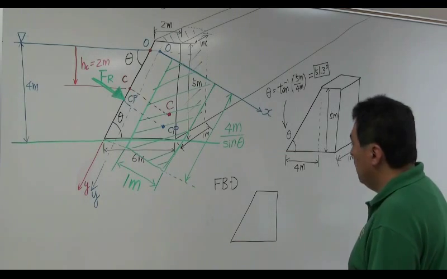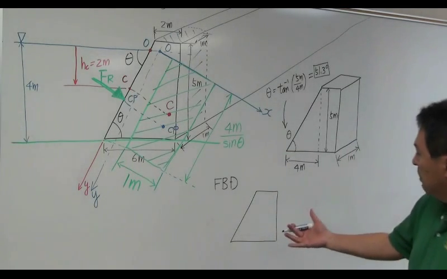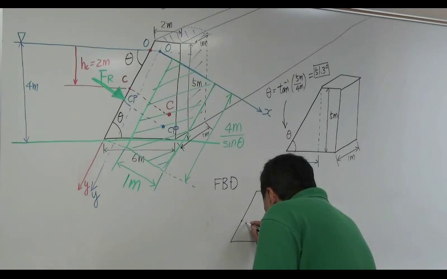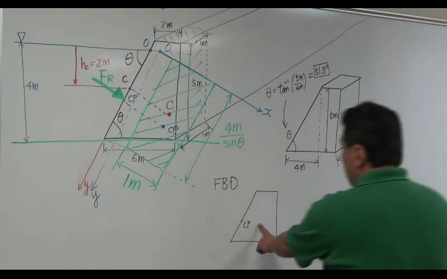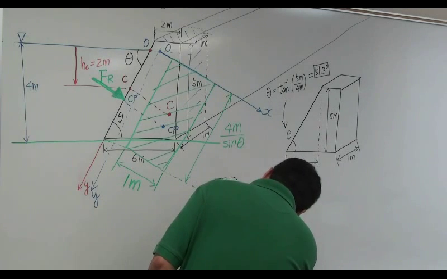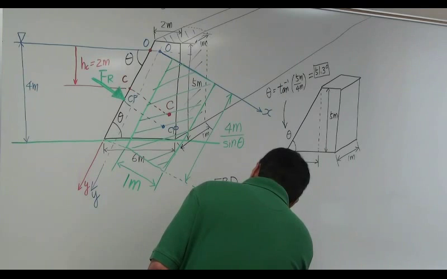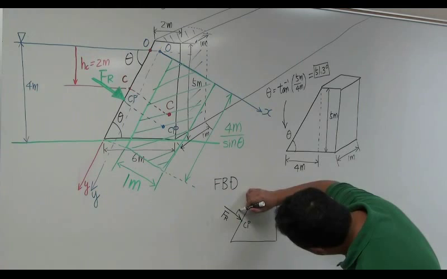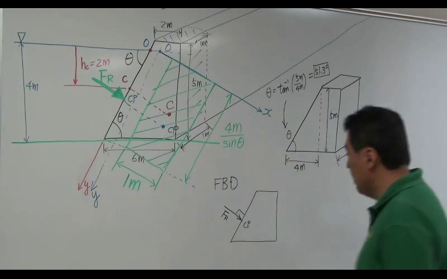I'm going to identify all the forces acting on this free body diagram right now. This is the center of pressure. Then you are going to develop the hydrostatic resultant force acting through the center of pressure. Direction is perpendicular to the surface.